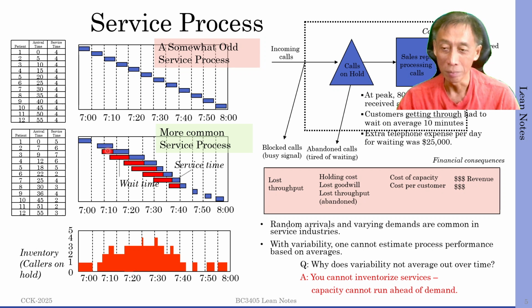So there is one patient in the queue, two patients in the queue, and so it's being reflected here, right? So this is the queue size, one patient in the queue, and then two patients in the queue for a while, right? And until this second patient was done, the server immediately picks up the third patient.